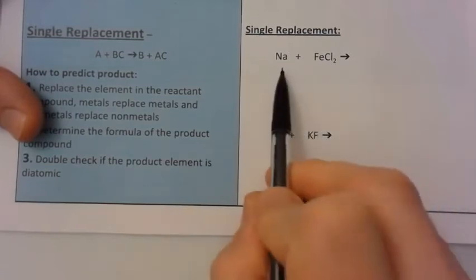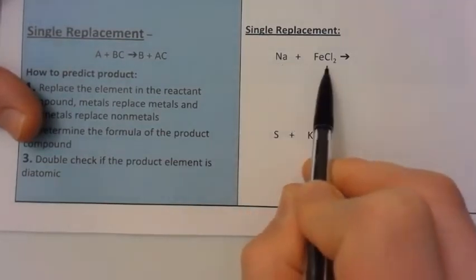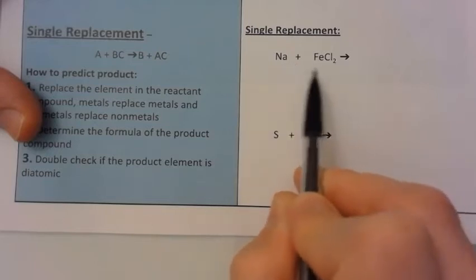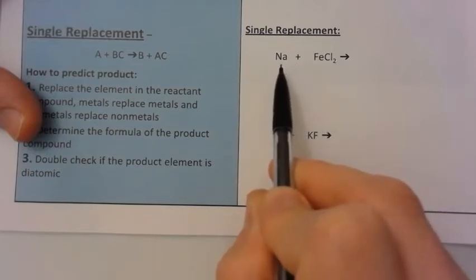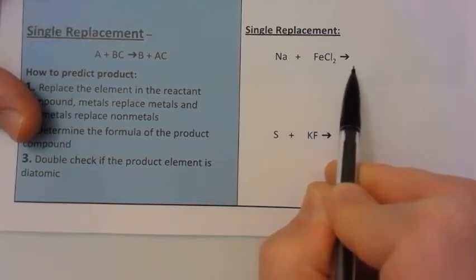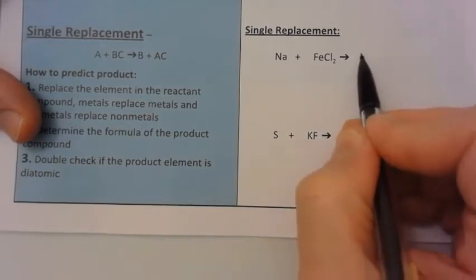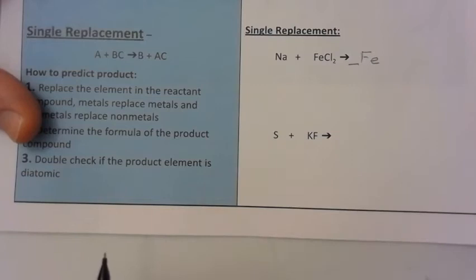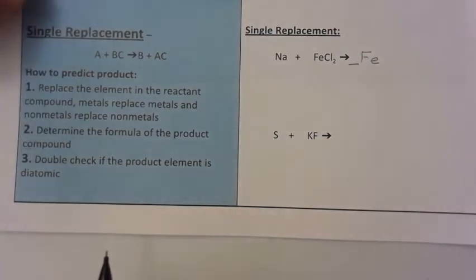So if we look at this first example, we've got Na plus FeCl2, classic single replacement, an element plus a compound. Sodium is a metal, so it's going to replace the iron in this iron(II) chloride. So the first element that's going to form is just Fe by itself, and it's not a diatomic element, so we don't have to put Fe2.